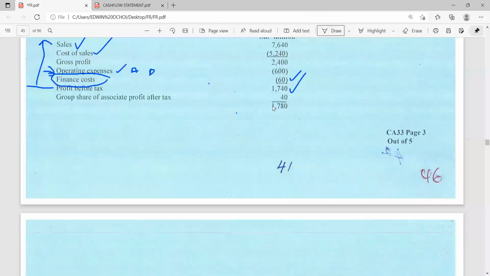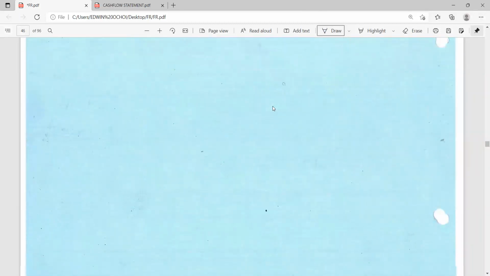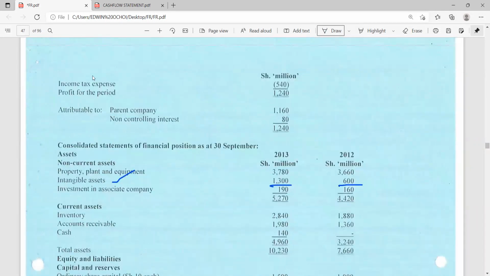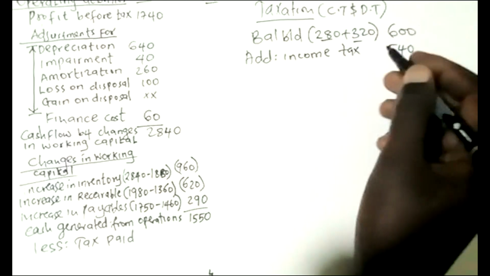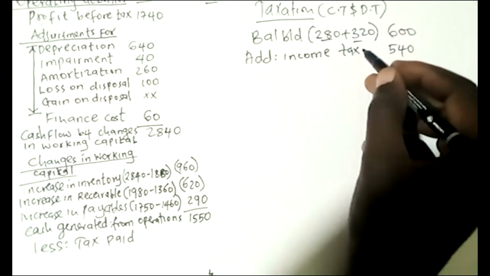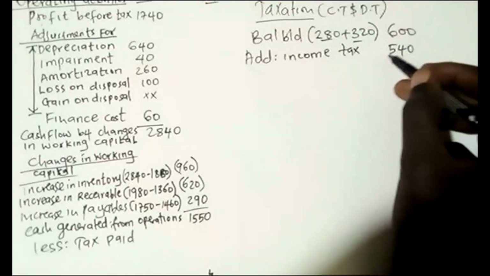There's a page which is skipped here, there's no information there anyway. So the income tax is 540. That is for the year. So it's all about brought down, current, deferred. You add income tax for the year.